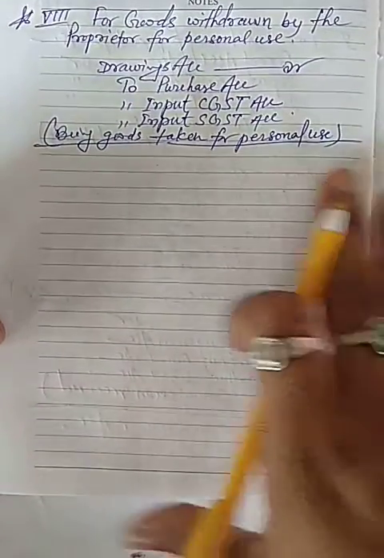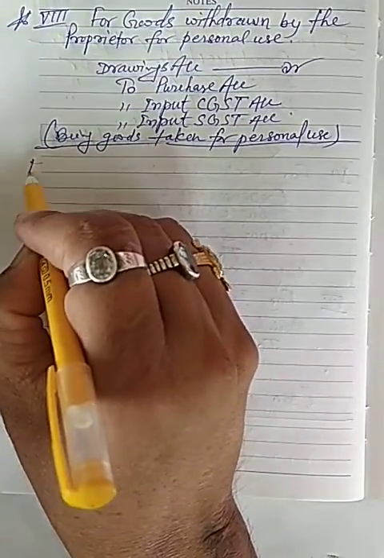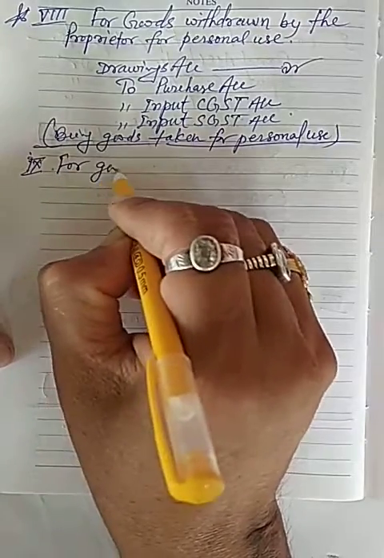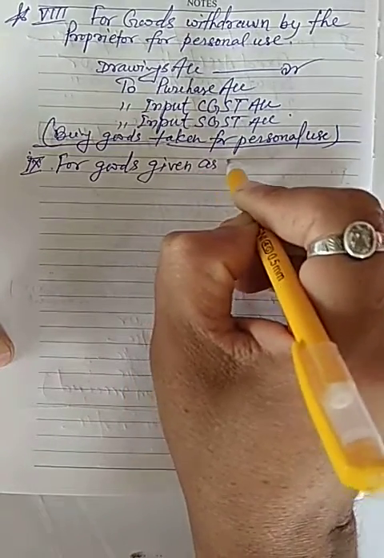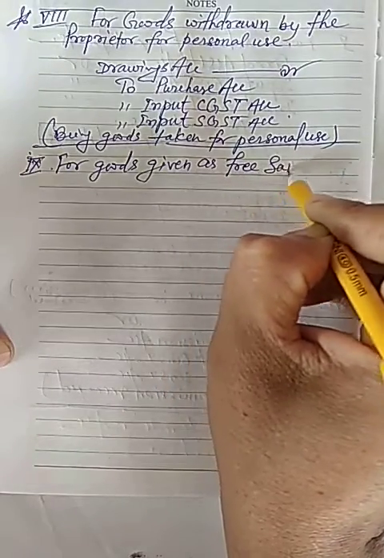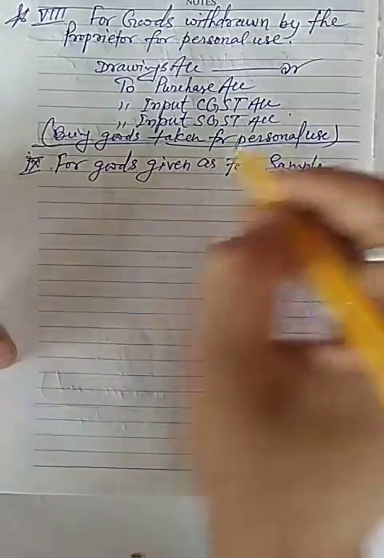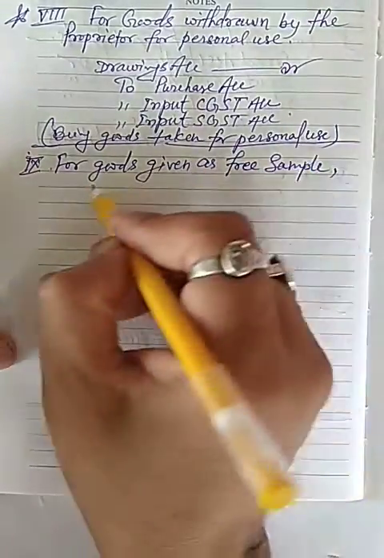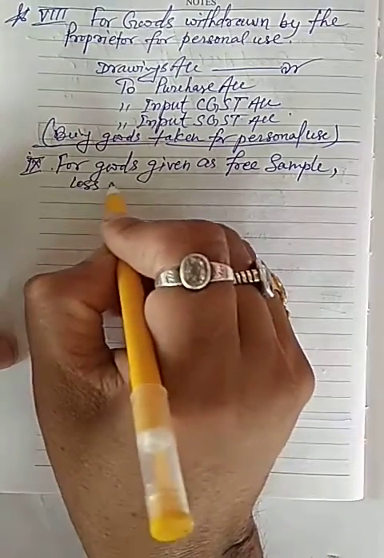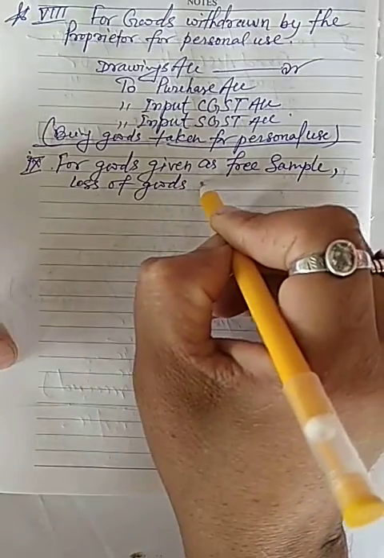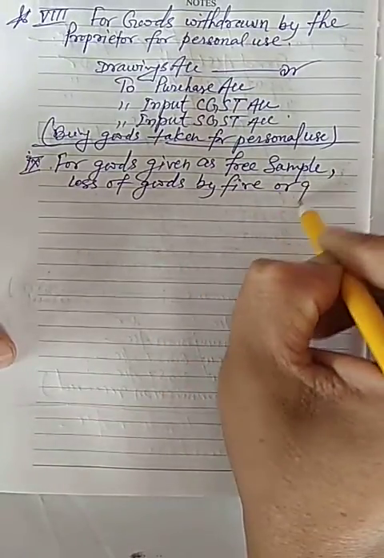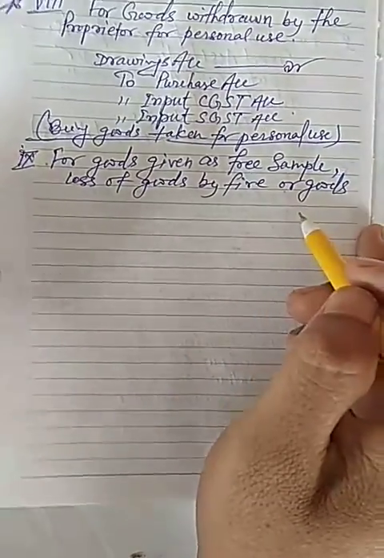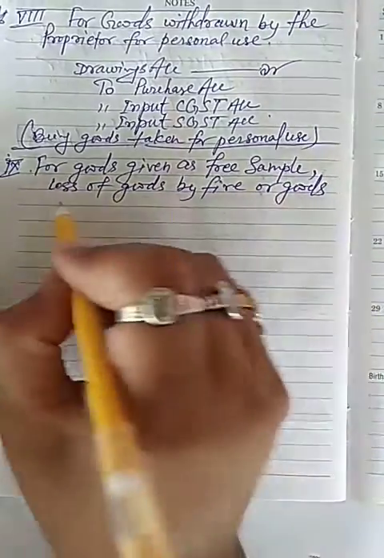Now the next journal entry is for goods given as free sample, or we can add loss of goods by fire or goods stolen.